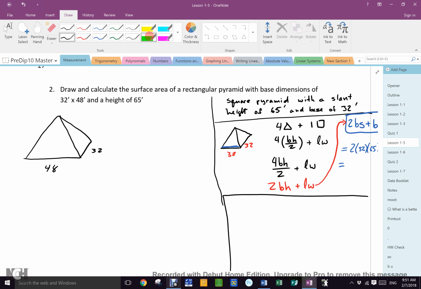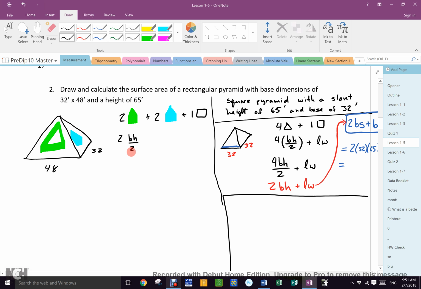I have 2 different triangles. I got the green triangle. I got 2 greenies plus 2 blue guys plus 1 rectangle, yes? Well, the green guy is still 2BH over 2. What happens to the 2's?